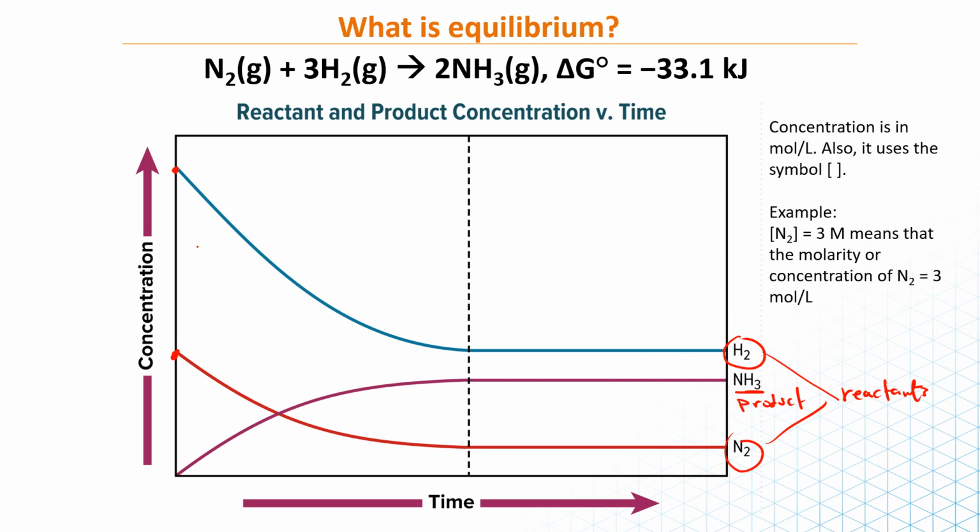With time we are using them, that's why the reactants are decreasing, and we are making the product, so it is increasing. This will keep happening until we reach this time, let's call it time x. After this time x الconcentrations كلها بتثبت خلاص. I will not get any more product and I will not lose any more reactants. So this state here we call equilibrium, نقطة اتزان. خلاص ما عاد يتغير أي شيء في التفاعل، الكميات ثبتت وما تتغير.